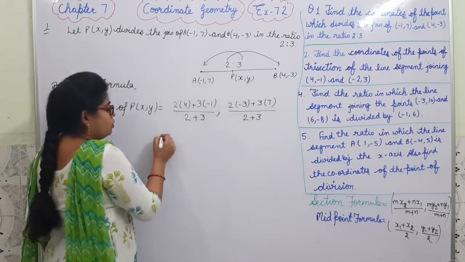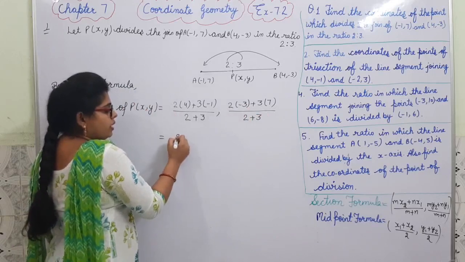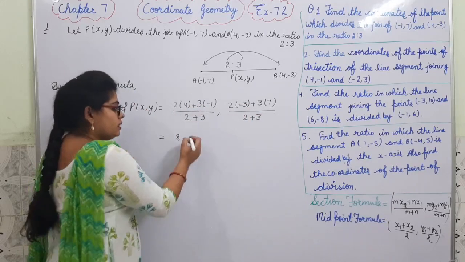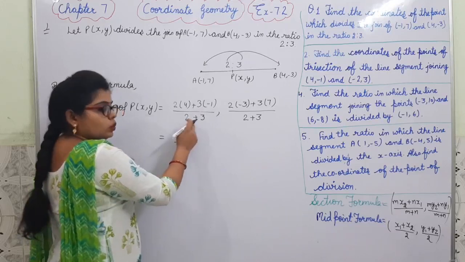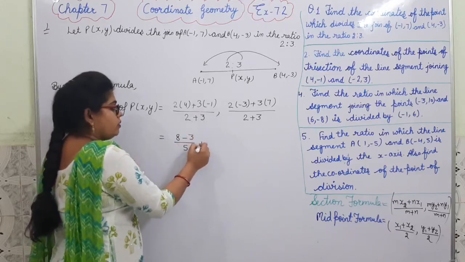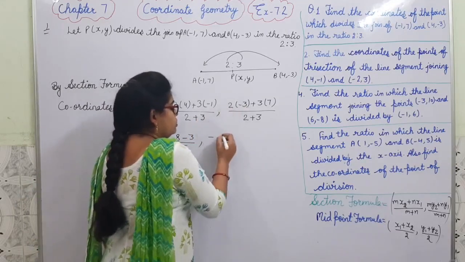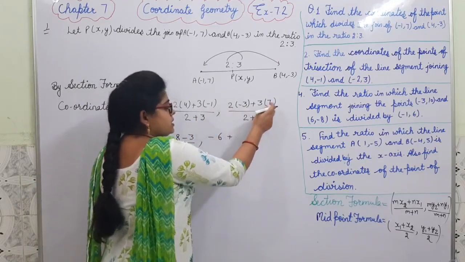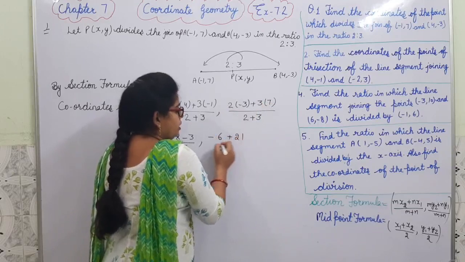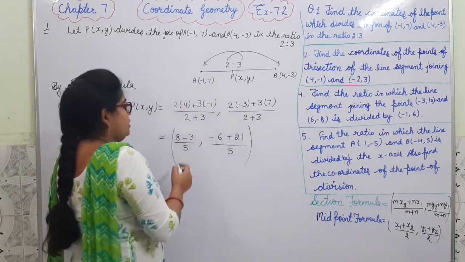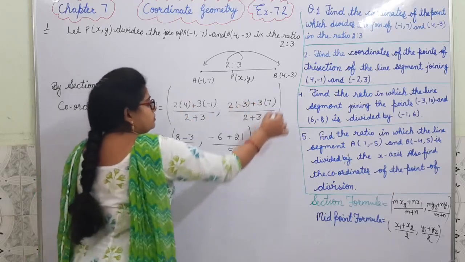Now 4 2s are 8 plus minus 3 1s are 3, over 2 plus 3 which is 5, comma, plus minus 3 2s are 6 plus 7 3s are 21, divided by 2 plus 3 which is 5, and it will come in brackets.